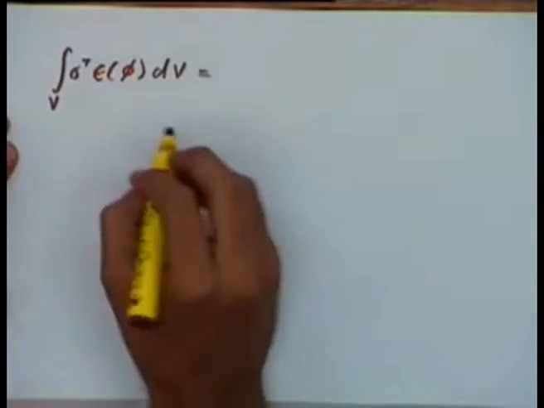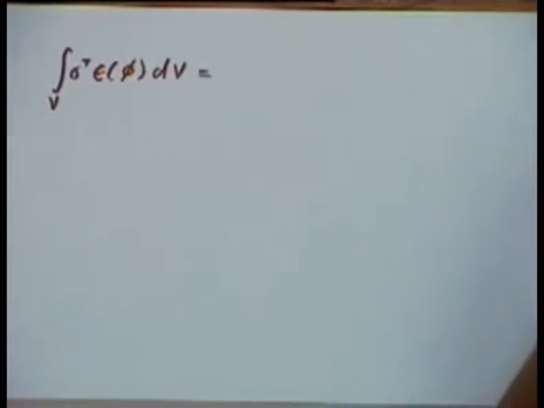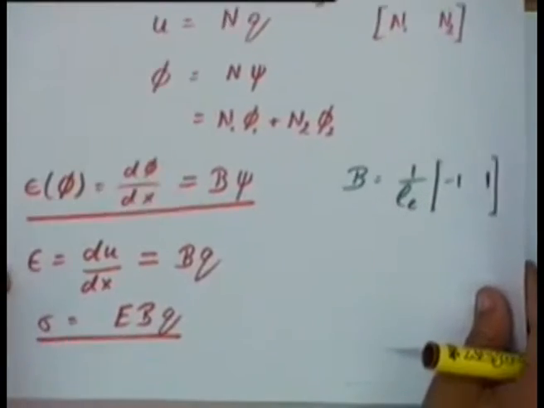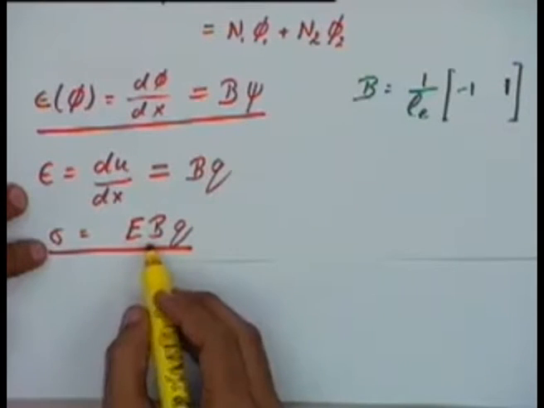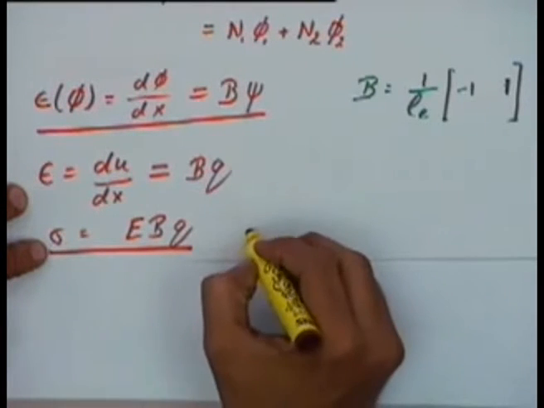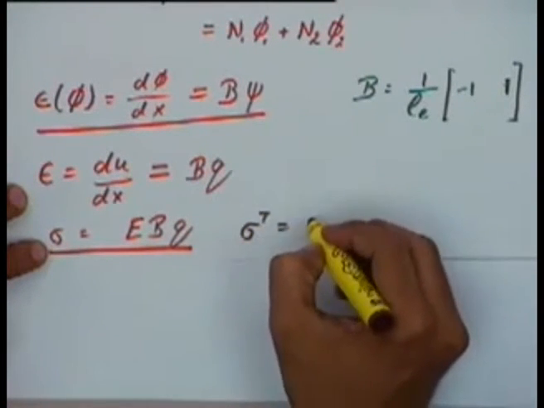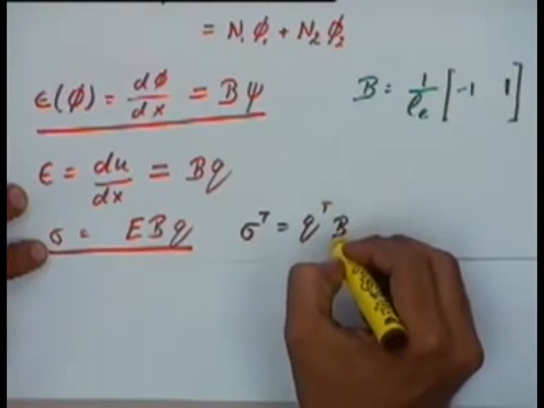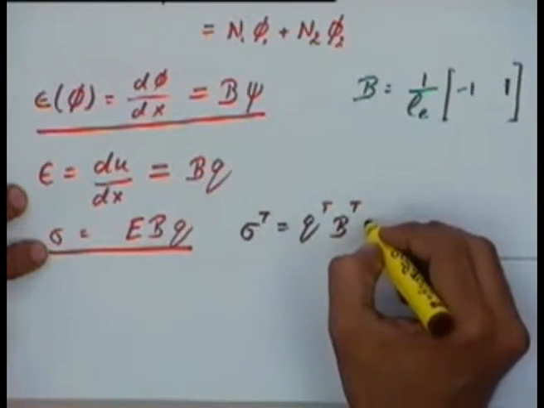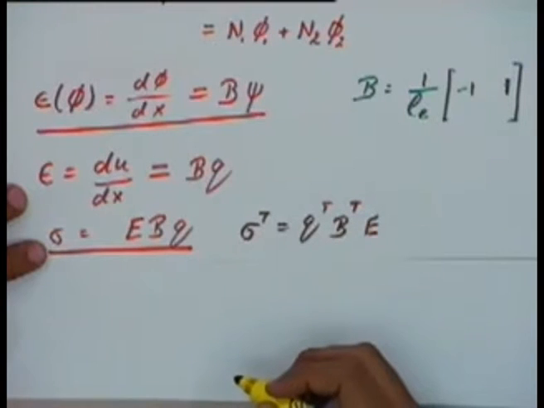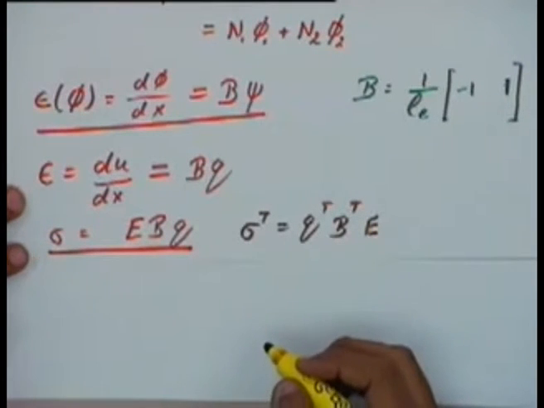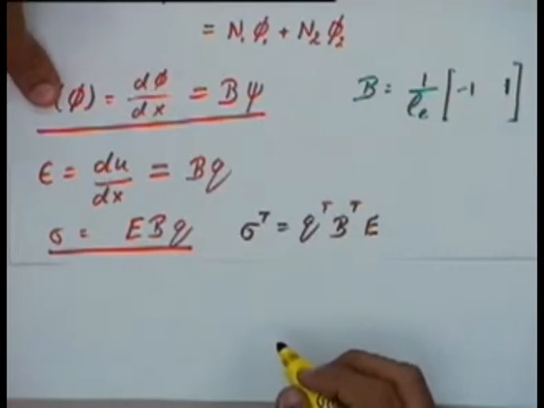Okay, this will be equal to, sigma is equal to EBQ. So sigma transpose will be equal to Q transpose B transpose multiplied by E, which is a constant anyway. That's not a matrix. Okay, so I'll put that over here.